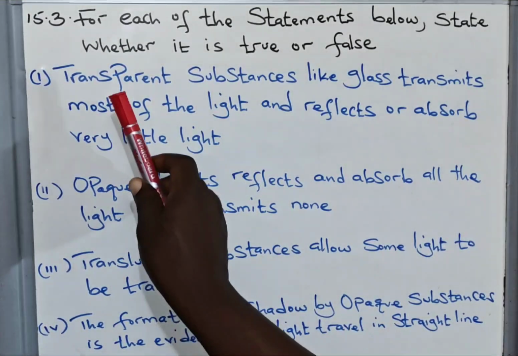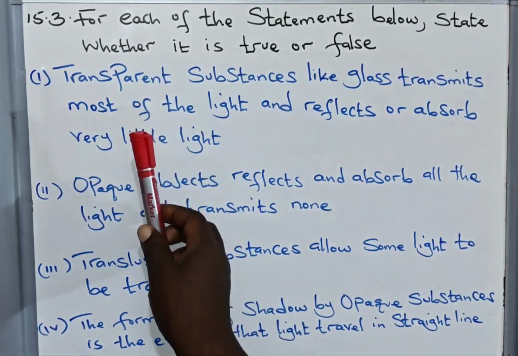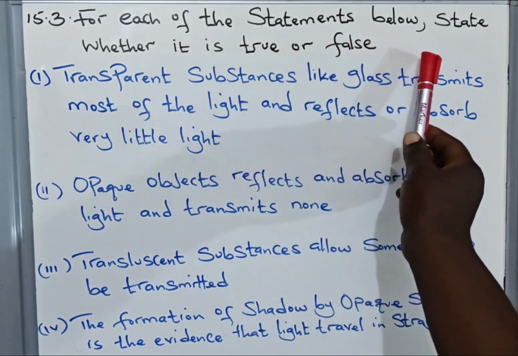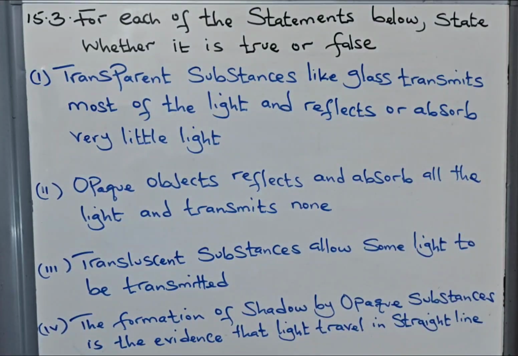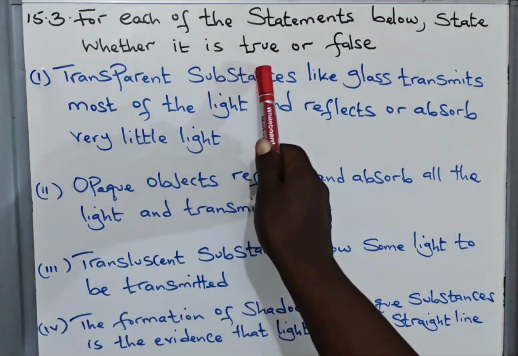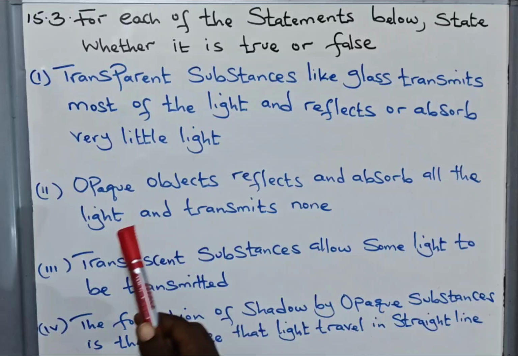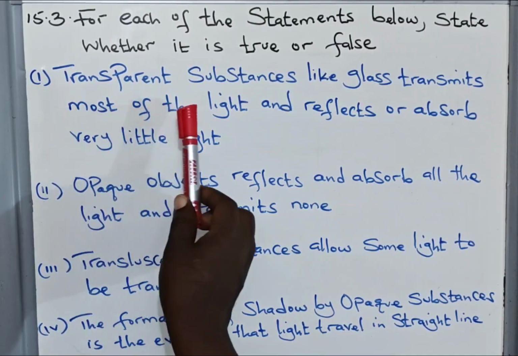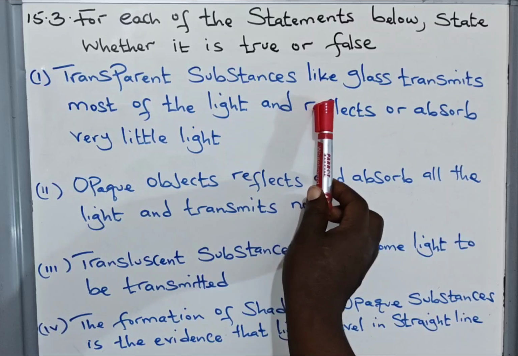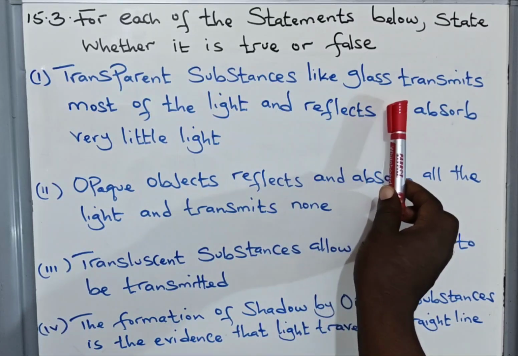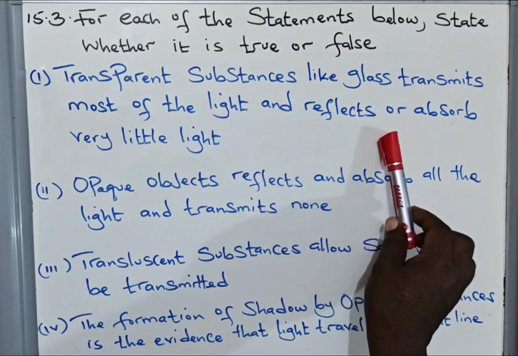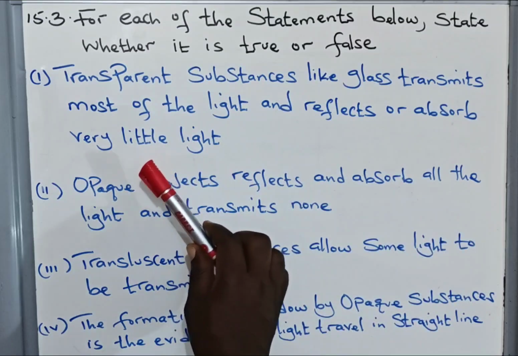Then we come to this question. It says that for each of the statements below, state whether it's true or false. The first one says that transparent substances like glass transmit most of light and reflect or absorb very little light.